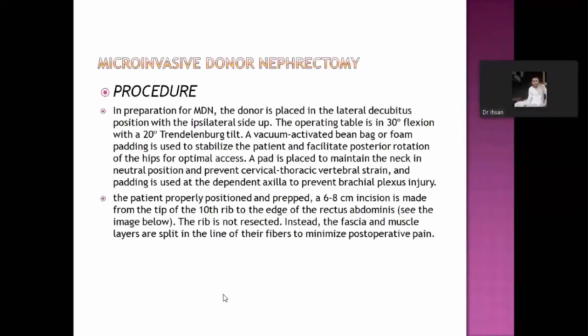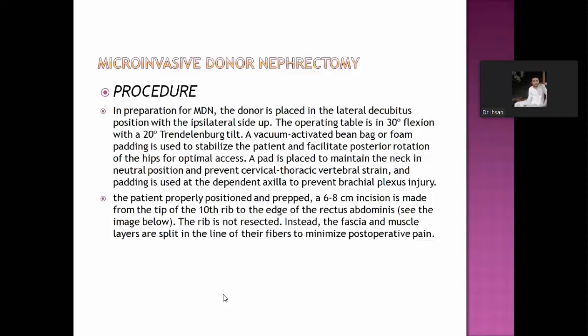Microinvasive donor nephrectomy procedure. In preparation for the nephrectomy, the donor is placed in the lateral decubitus position with the ipsilateral side up. The operation table is in 30-degree flexion with a 20-degree Trendelenburg tilt.